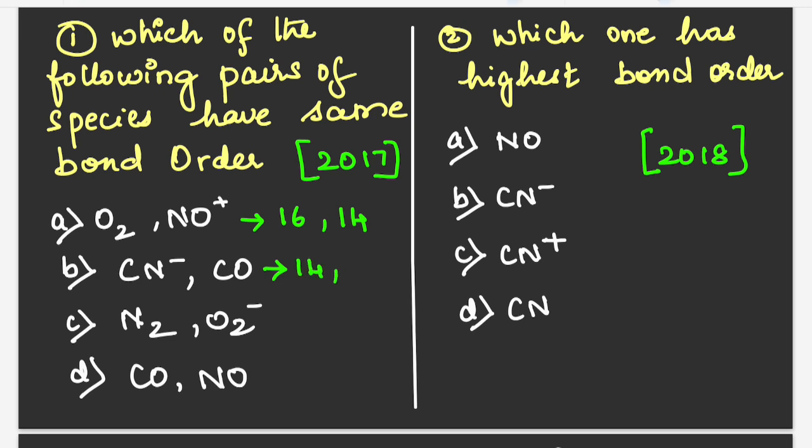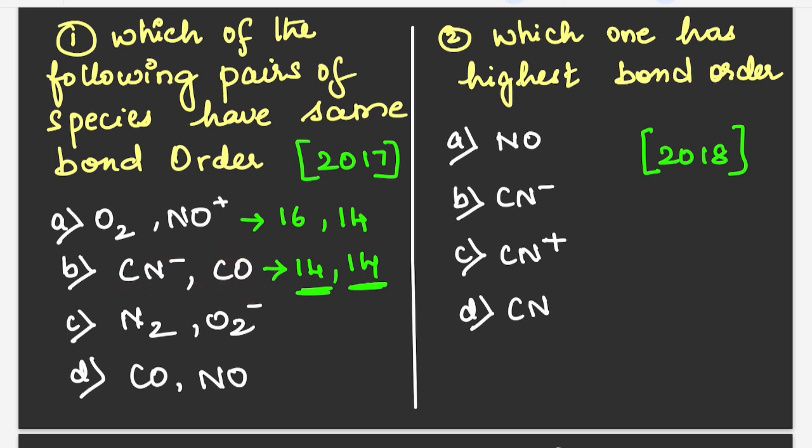Next, carbon has 6 electrons and oxygen has 8 electrons, so 6 plus 8 is 14 electrons. So both have 14 electrons, meaning their bond order is 3. So CN minus has bond order 3 and CO also has bond order 3.